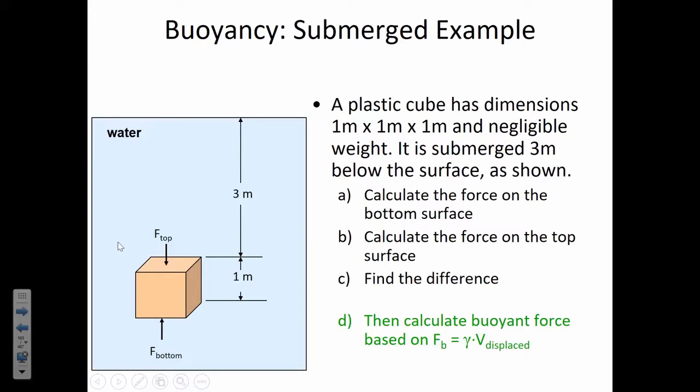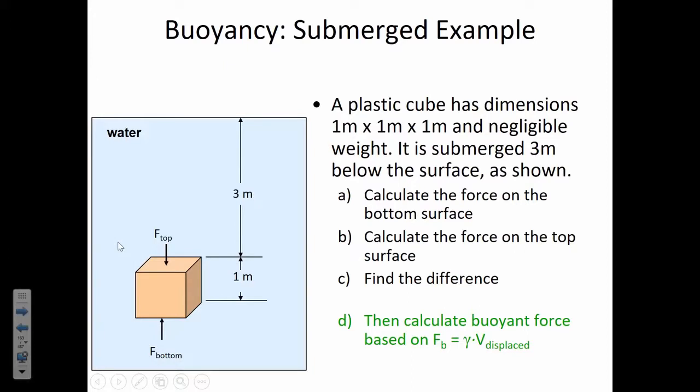So, like if this box was floating at the surface and it wasn't fully submerged, you wouldn't use its whole volume. You'd only use the volume that's beneath the water line. All right, so this one is fully submerged, so 9810 newtons per meter cubed. 1 cubic meter is the volume, so calculated the other way, we still get 9810 newtons.